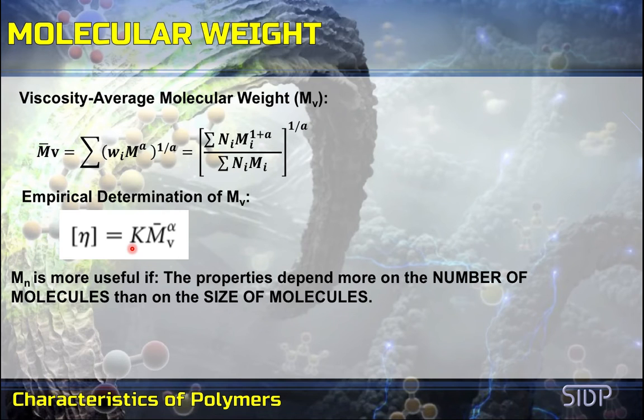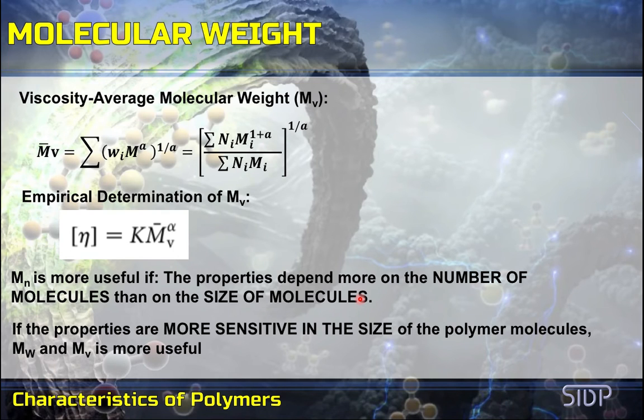In correlating polymer properties, which depend more on the number of molecules in the sample than on the size of the molecules, Mn is a more useful parameter than Mw or Mv. Conversely, for correlating polymer properties, which are more sensitive to the size of the polymer molecules, Mw or Mv is more useful.